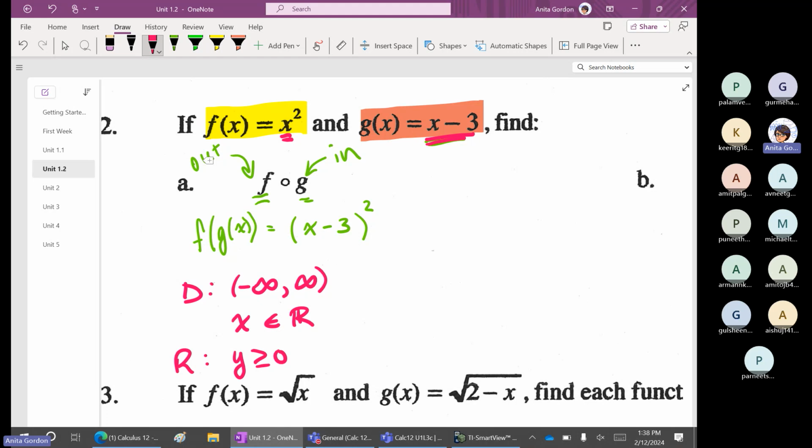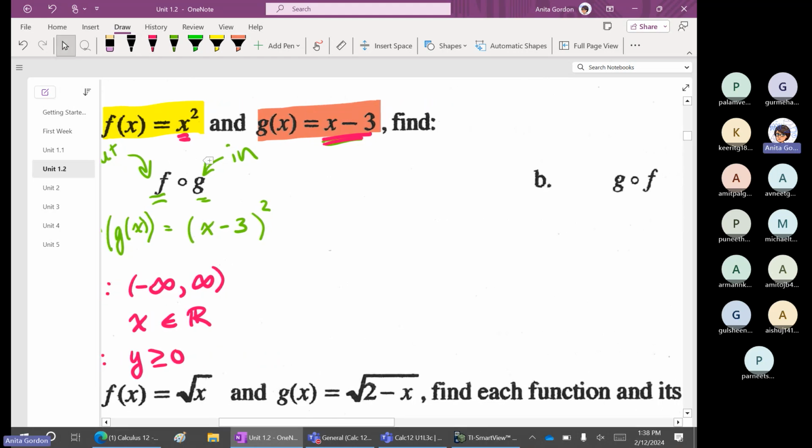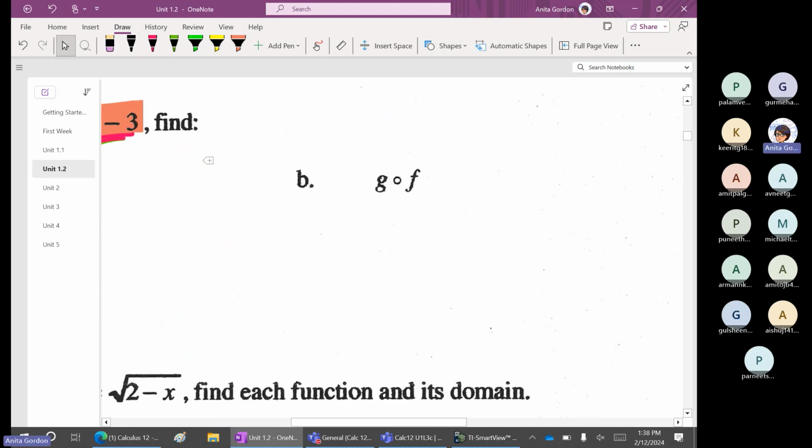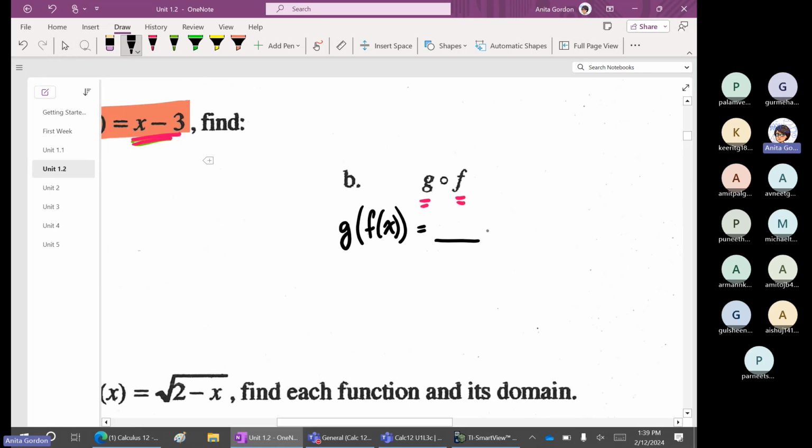Okay, so in B, I now have the g function first and then the f function second, sorry. So that means I'm taking g of f of x. So I write my g function, it's something minus 3. Inside the something, I'm putting the entire function of f of x.